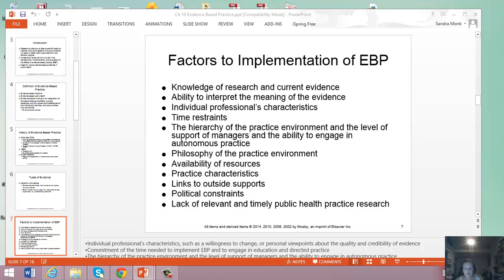And then individual professionals' characteristics, such as, is there a willingness to change, or personal viewpoints about the quality and credibility of the evidence, or do people want to hang on to anecdotal ways of doing things, which are time-worn, things that nurses have learned.